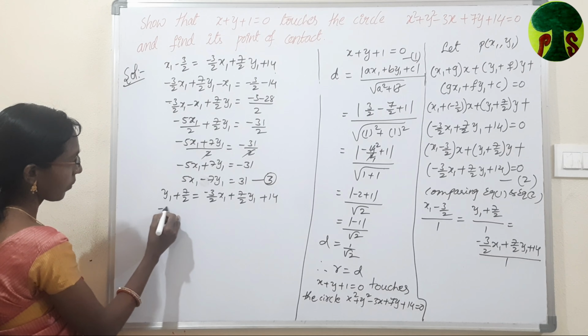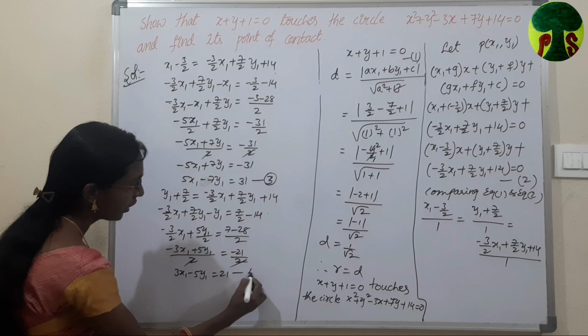Minus 3 by 2 x1 plus 2 into y1 is 2 y1, 7 y1 minus 2 y1 is 5 y1 by 2 is equals to 7 minus 28 by 2. LCM is 2. So we will get minus 3 x1 plus 5 y1 is equals to 7 minus 28 is minus 21 by 2. 2 cancel and taking minus common we will get 3x1 minus 5y1 is equals to 21. Let it as equation 4.